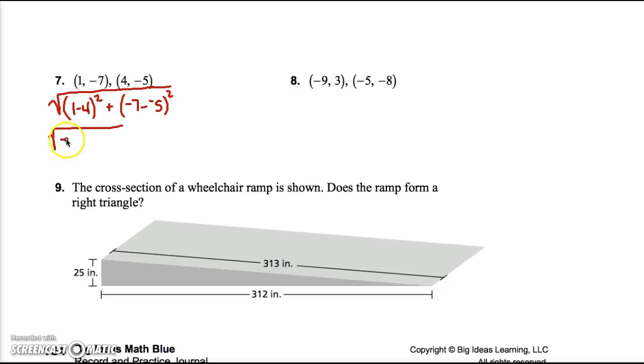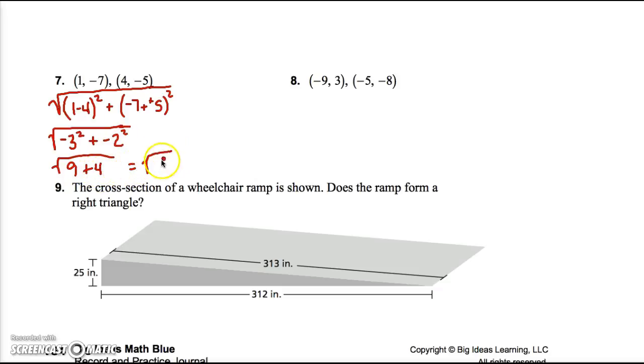1 minus 4 is negative 3, so we have negative 3 squared. And then this minus a negative again becomes plus. So negative 7 plus 5 would be negative 2. And we got to square that. Negative 3 squared is 9. Negative 2 squared is 4.